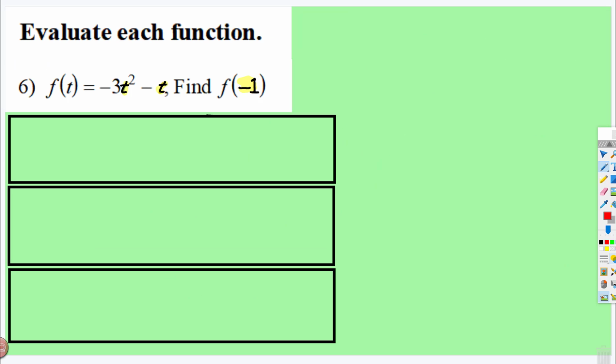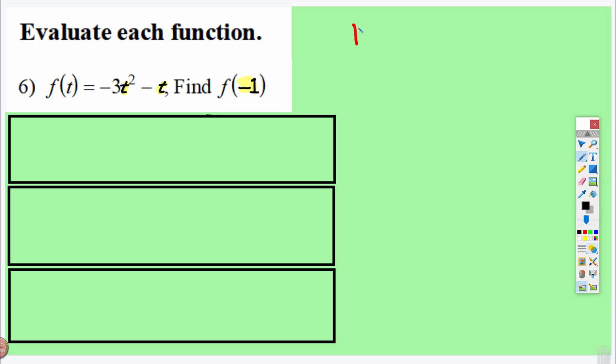All right, now you're going to evaluate a function. Evaluate simply means do the math using the numbers. Well, we're going to take this -1, and everywhere there's a t, we're going to plug in -1.